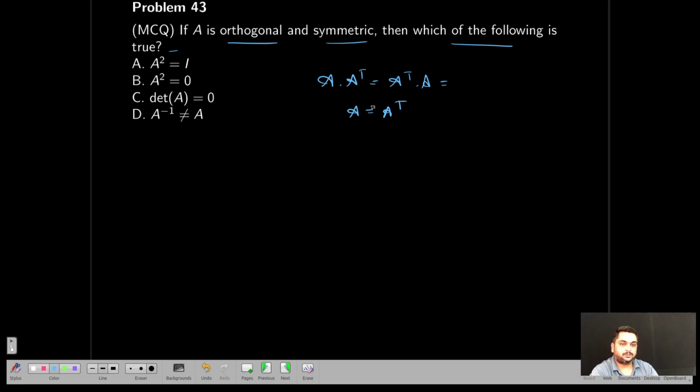So if I put A transpose as A, it should be A squared equal to I. This is true. A squared need not be 0. Determinant of A is not equal to 0 because it is an orthogonal matrix and symmetric. These are not correct.